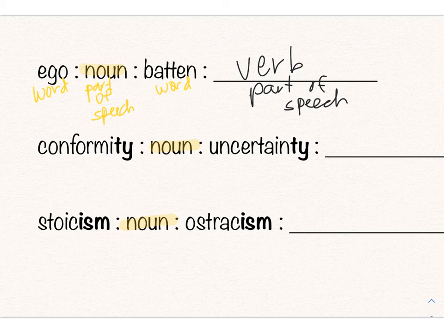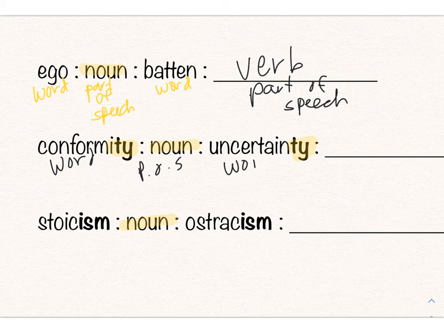In the next one, you'll notice that we have some bold-faced suffixes. Suffixes almost always tell you the type, the part of speech of a word. When we look at the words conformity and uncertainty, they both end in ity or ty. If conformity is a noun, that's the word, and I'm just going to use POS for part of speech.